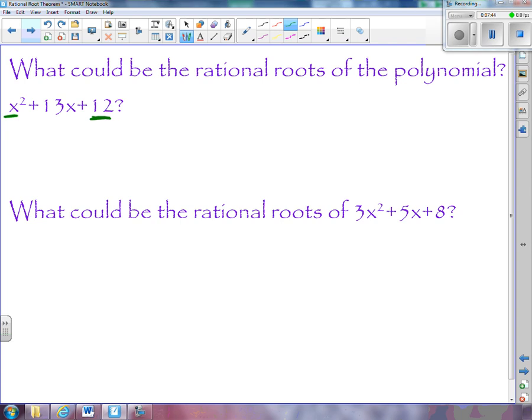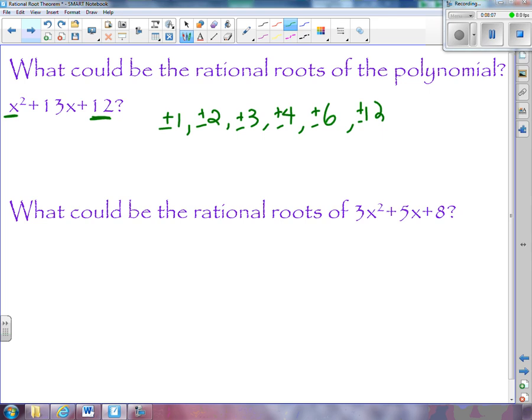Our factors of 12 are 1, 2, 3, 4, 5 does not go into 12, 6 does, 7 doesn't, 8 doesn't, 9 doesn't, 10 doesn't, 11 doesn't, but 12 does. So here are possible roots, possible things that could go into that polynomial.